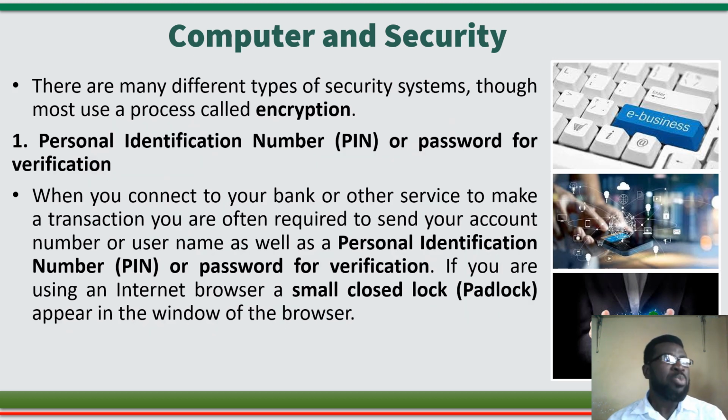Okay, now there are many different types of security systems, though most use a process called encryption. But let's list some of them. Number one is the personal identification number, that is the PIN or password for verification. Most of you have a PIN to your phone, to your bank app, and so on. When you connect to the bank or other services, you are often required to use your username or your personal identification number.